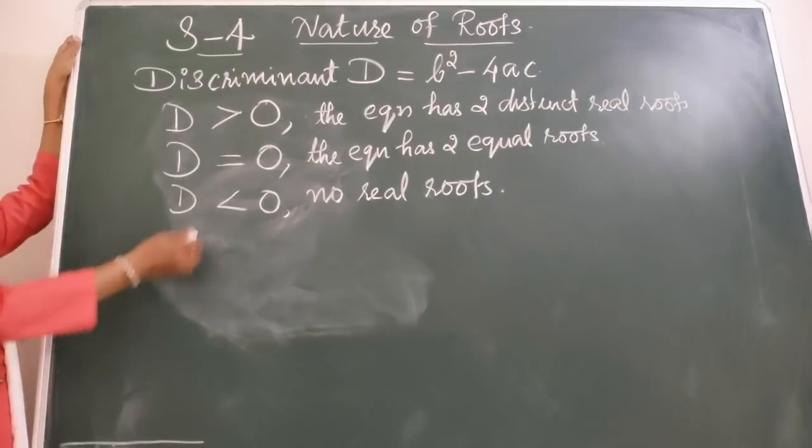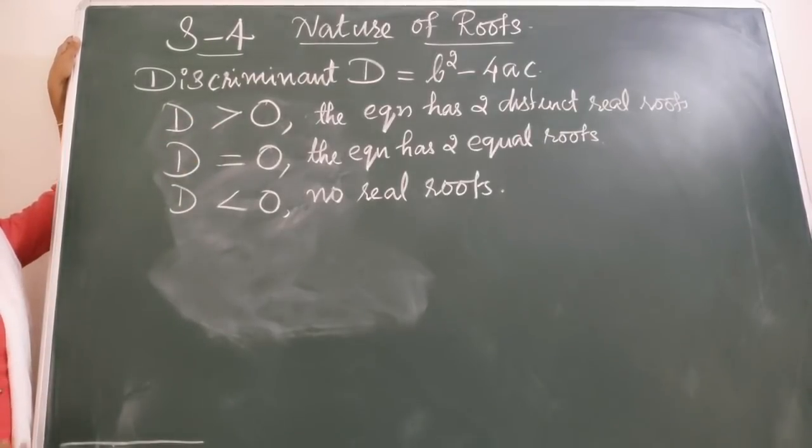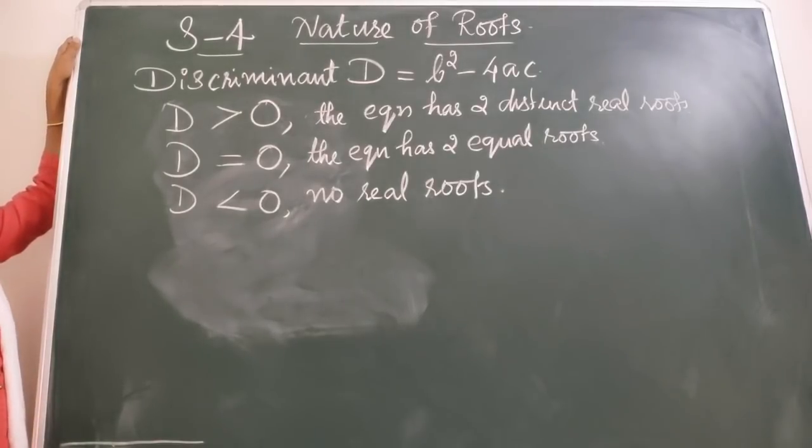So under root 45 means it is greater than 0. And I think in the second question we were getting under root 65, which is also more than 0.